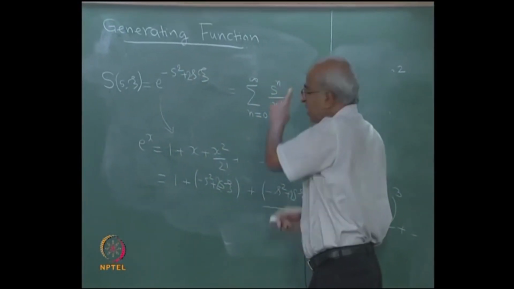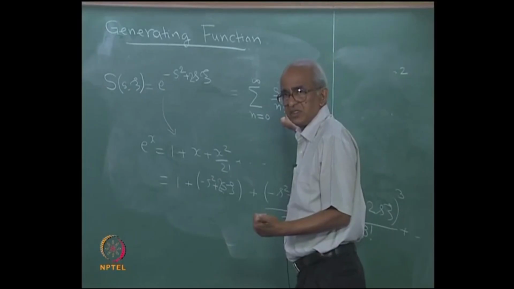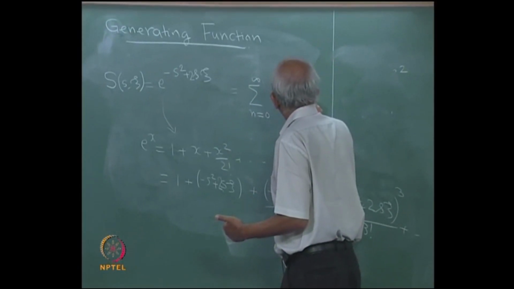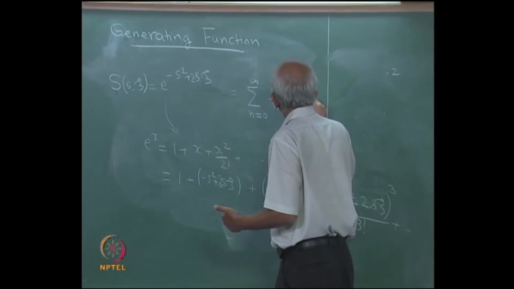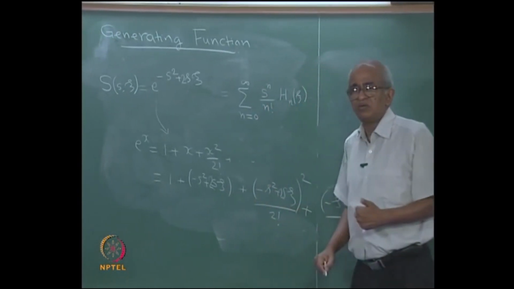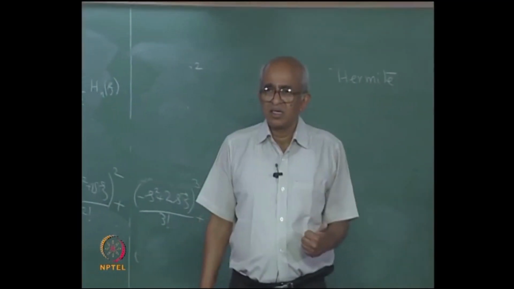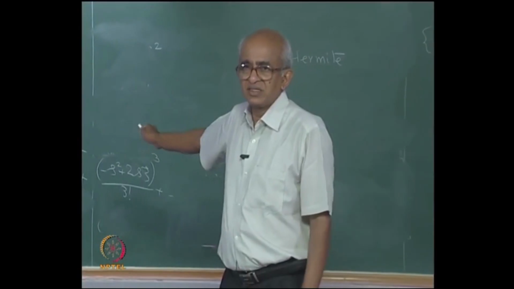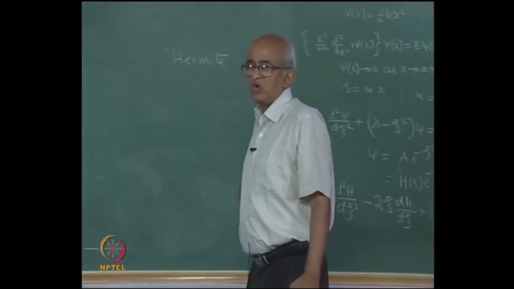So, therefore, this function can be written as a power series in s, and there are going to be coefficients, and those coefficients I am going to denote as Hn of ξ. Right. And interestingly, these coefficients are just your Hermite polynomials.